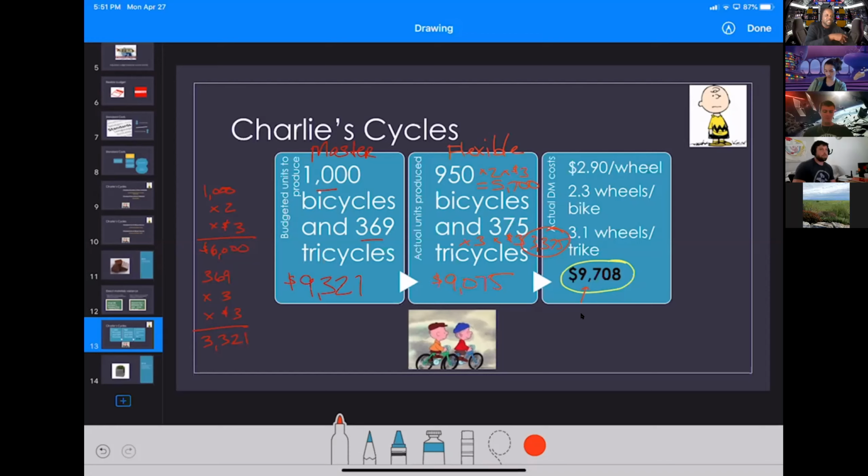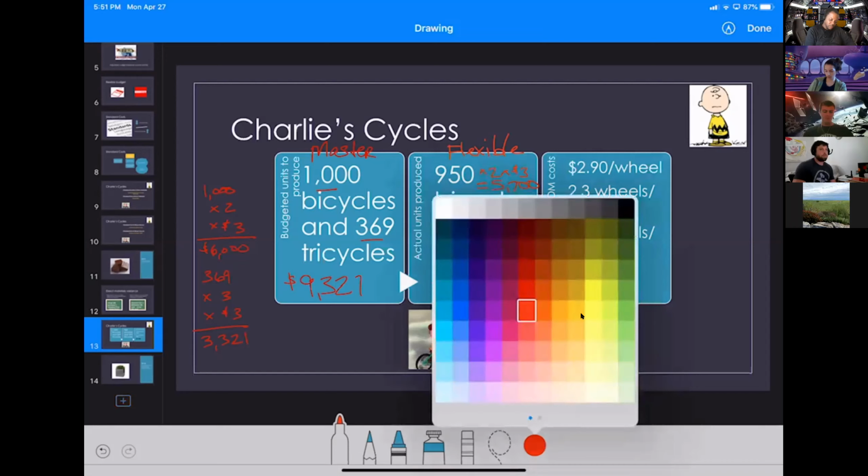I used 2,183 because I kept picking up wheels, and the wheels, I don't know, they were breaking. They were square. I ended up using more wheels than what I anticipated.